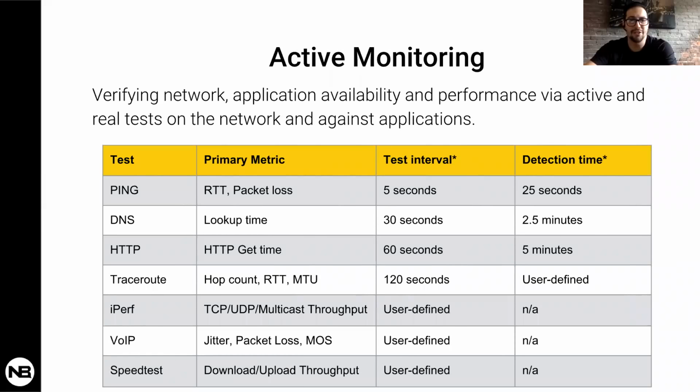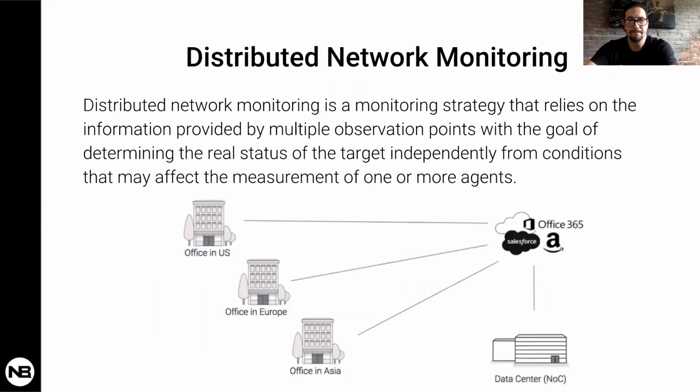Now let's take a look at distributed monitoring. Distributed network monitoring is a monitoring strategy that collects availability and performance data about a specific monitored object from multiple observation points, such as agents or sensors.